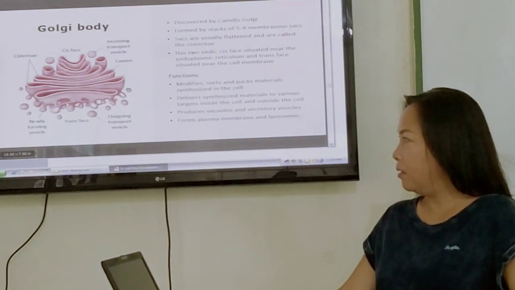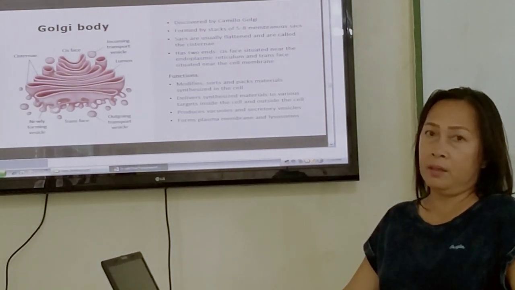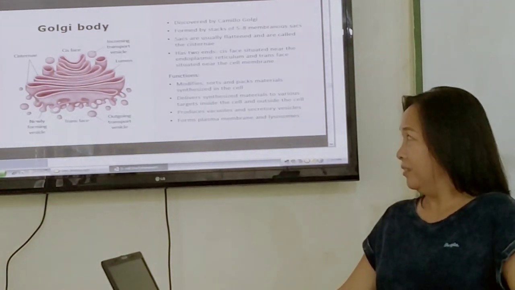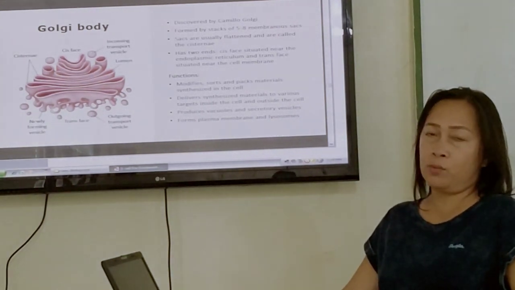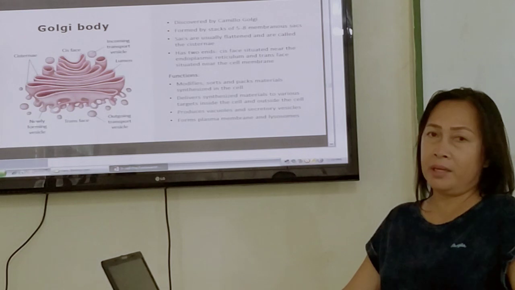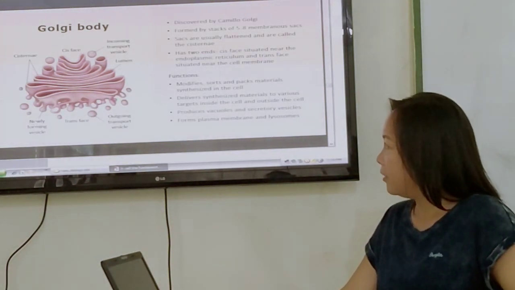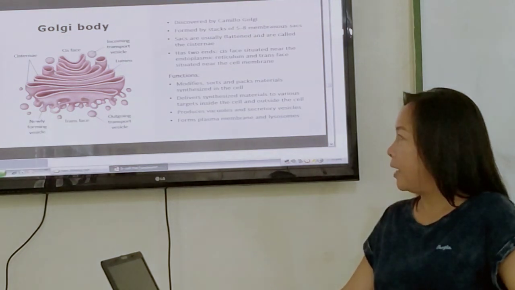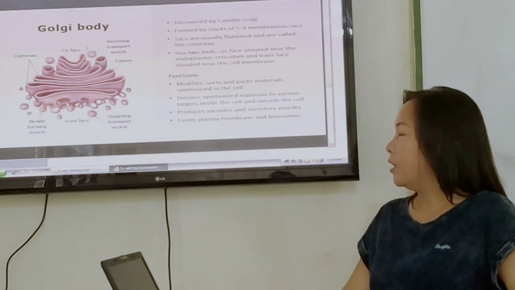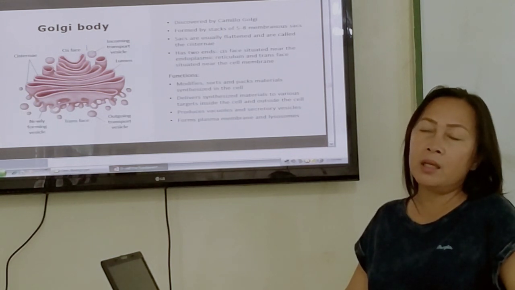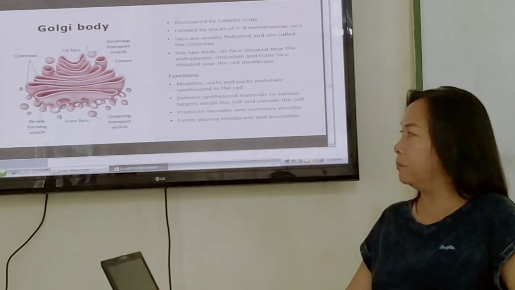So it's made up of transport vesicles. So this contains also membrane. ER contains a single membrane, and the Golgi as well consists of a single membrane structure. So it has a lumen. So it has the cis face. The cis face receives immature proteins from the rough endoplasmic reticulum.